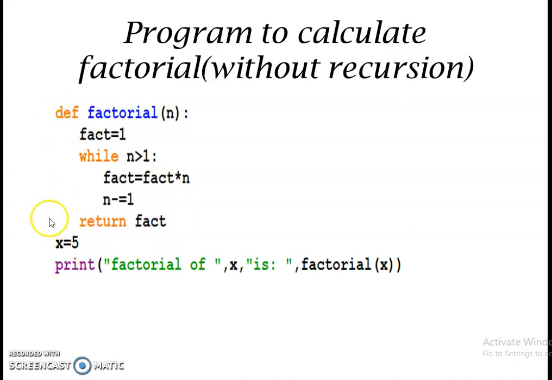Outside this function definition, we are taking one variable named x, and the initial value of x is 5. Now we are printing factorial of x, invoking the factorial function with one parameter, that is x. With value 5, it will invoke this function, calculate the factorial of n, and print the factorial value.